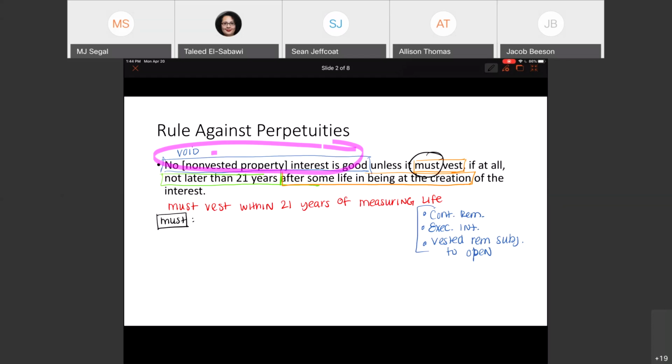So must, in this context, means that there is no possible chance that it could fail to vest. Or sorry, there's no possibility that it does not vest. Yes. There's no remote possibility. And here we're going to actually ignore science or logic.